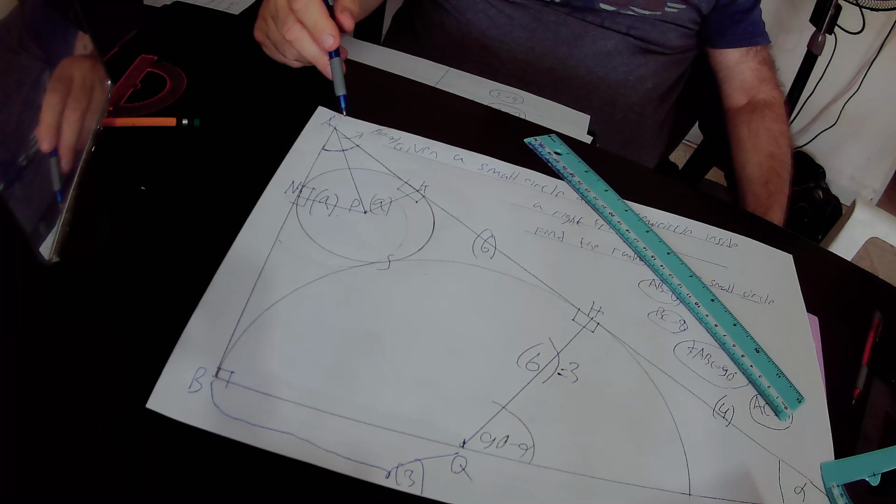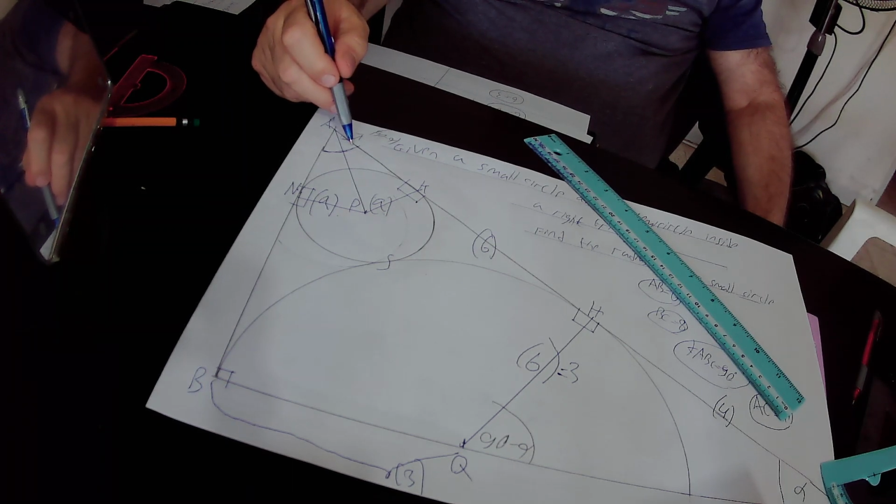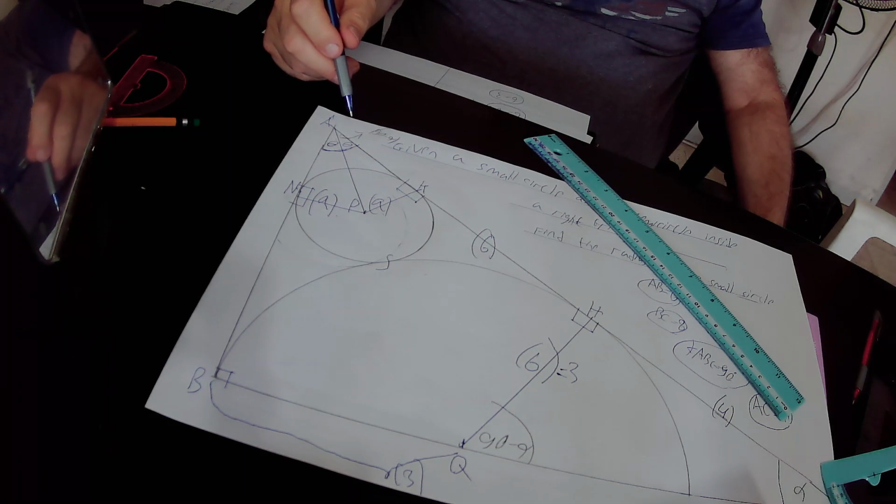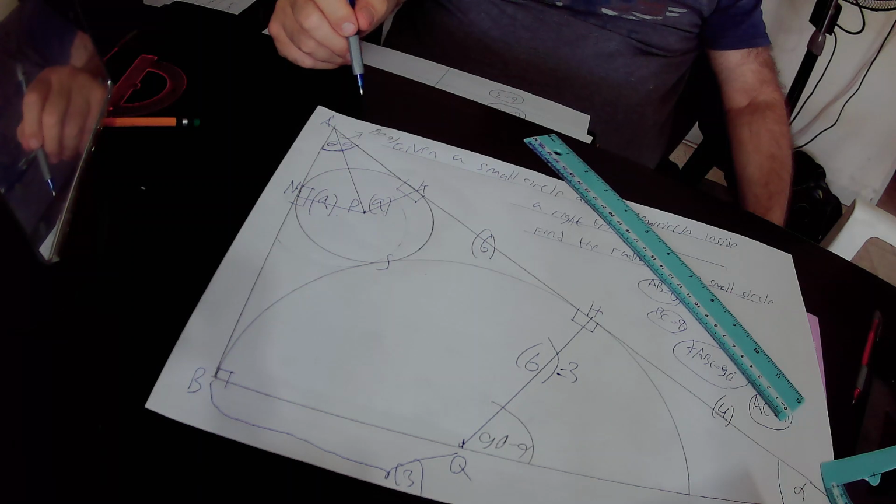Each half must be equal to theta. So this is the first half, and this is the second half of angle A. In total, angle A equals 2 theta, therefore each half of angle A equals theta.